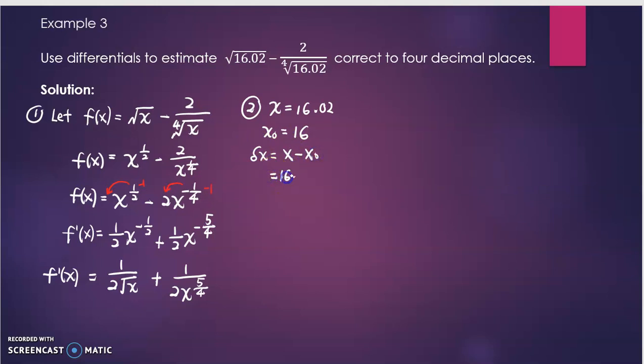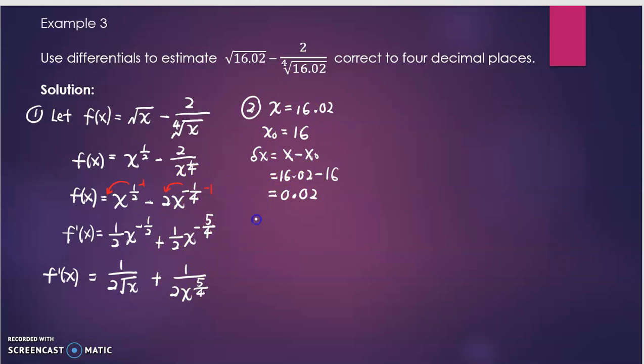So it's 16.02 minus 16. For the first time here, we have a positive value, which is 0.02. So after this example, you have to know that delta x can be positive or negative. So this is our second step, find the delta x, and then we have already differentiated.